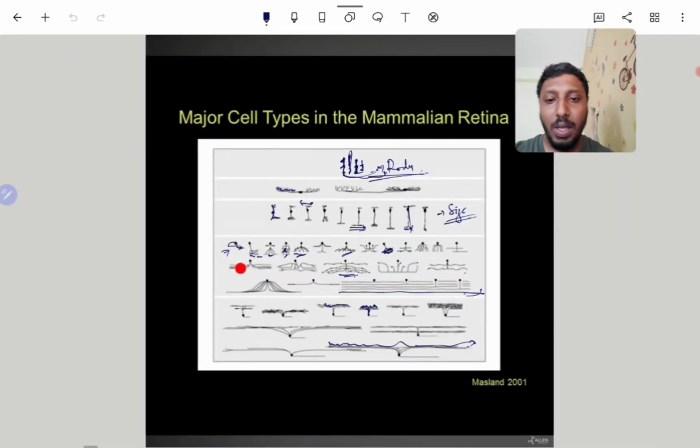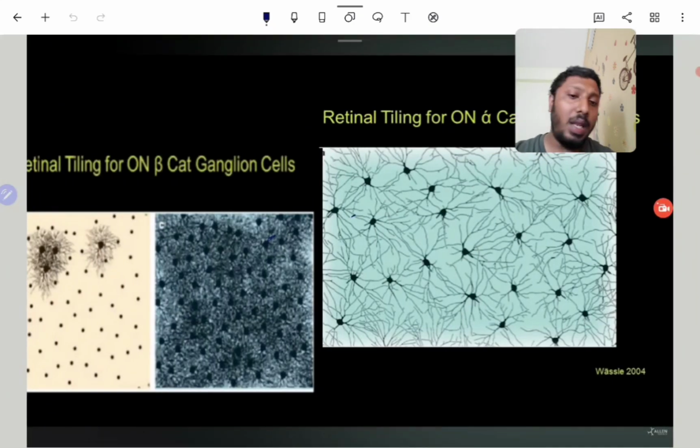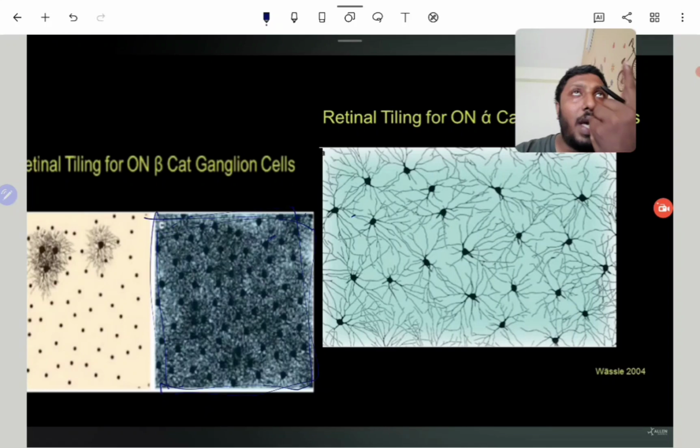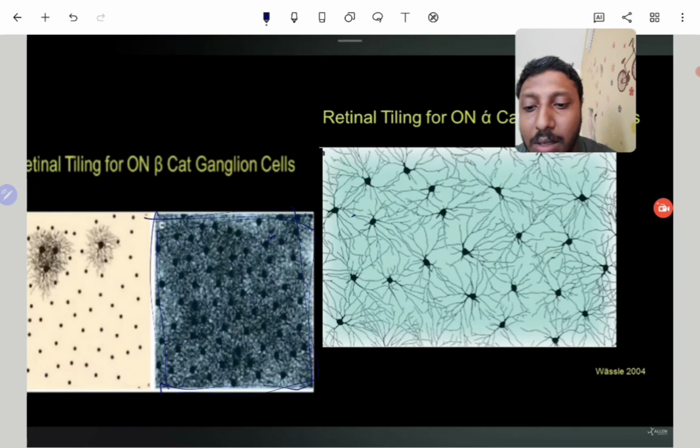So we'll go to the next thing, and you can see in the retina, if you take a part of the retina and look at one type of ganglion and you inject a dye into it and see where in the retina it goes, you can see that some ganglia receive from a very densely populated area with a lot of receptive areas.